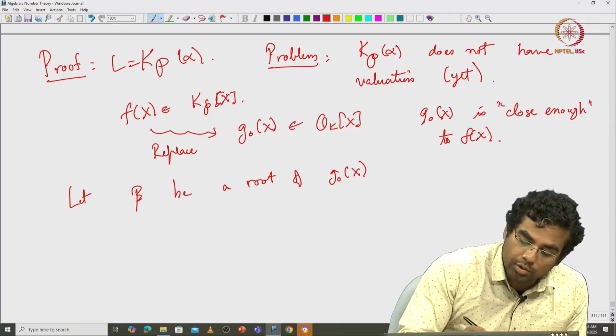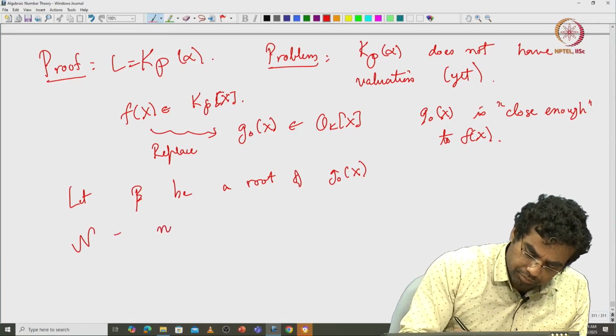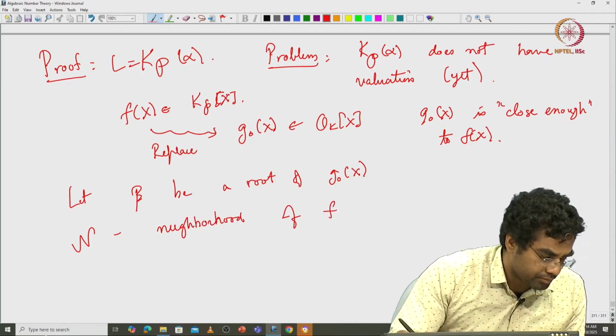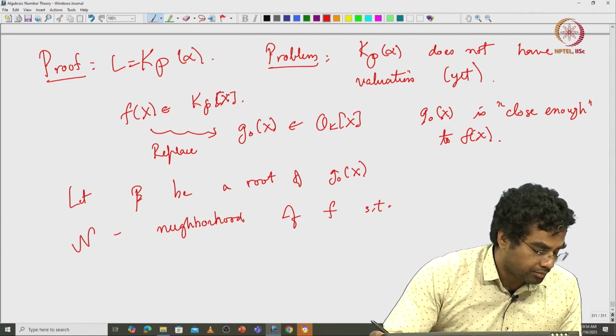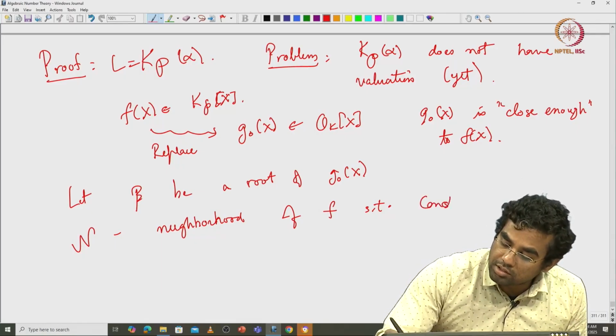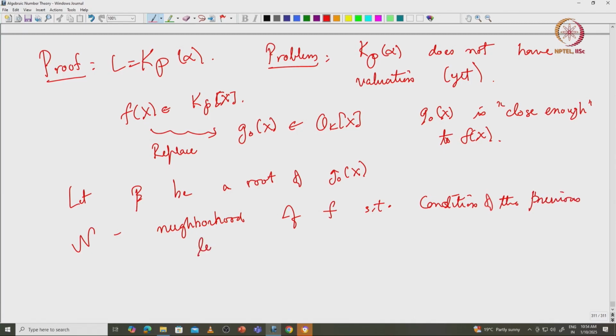I am going to fix such g_0, then fix such beta, and then take N to be some neighborhood of f such that the conditions of the previous lemma hold for any beta and any g in this neighborhood.